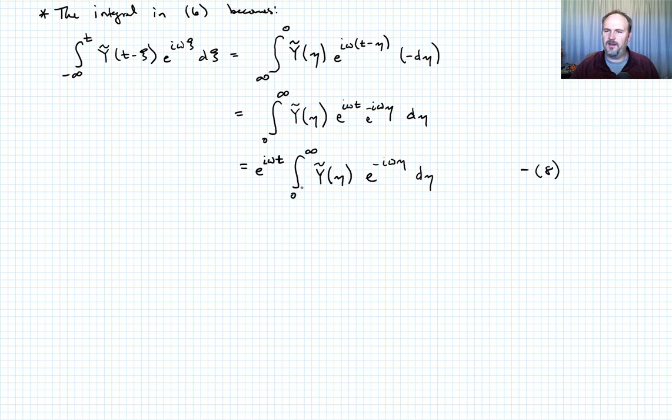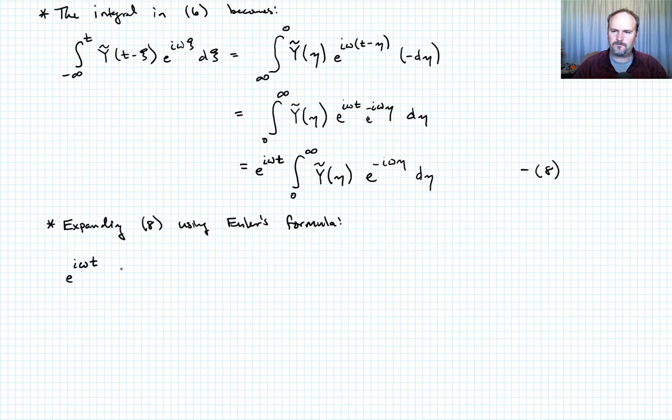Okay, so we're almost there. I'm going to go ahead and expand this integrand using Euler's formula, so expanding equation 8. I have this e to the i omega t, and I'm going to leave that. I'm not going to expand that part with Euler's formula because that's the form we were trying to seek. But inside the integrand, I'm going to use Euler's formula.